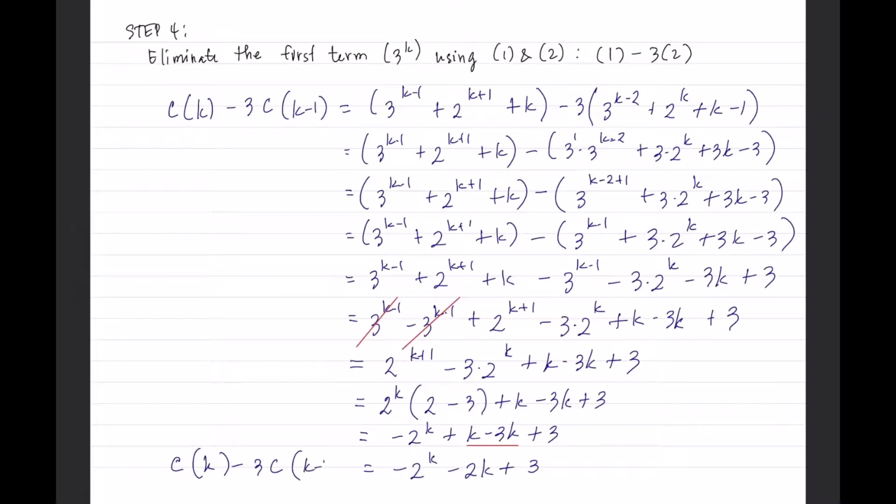Okay, so for the left hand side, that would be c of k minus 3 c of k minus 1. Then the right hand side is equal to negative 2 raised to k minus 2k plus 3. That's our equation 4.